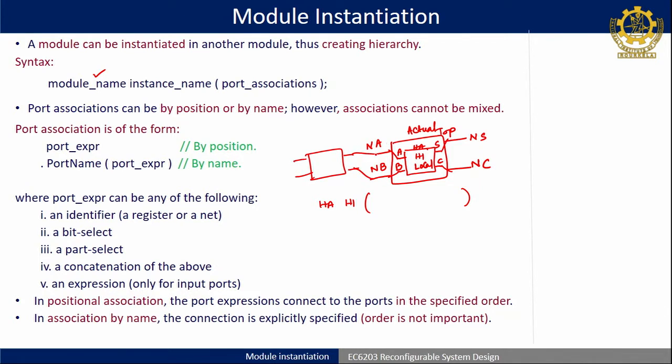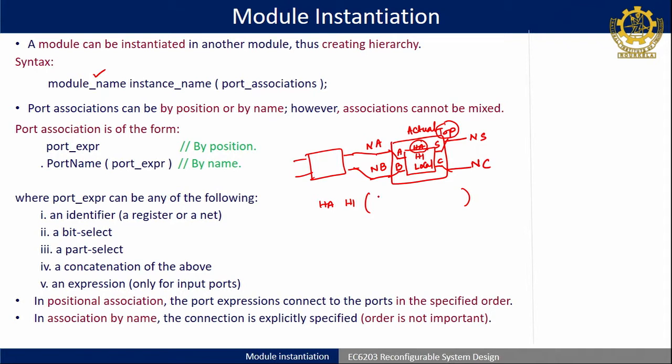So NA and NB are responsible for data transmission between other modules present in the same system. Inside this actual top module, top module is my module name, and HA is the local module which is responsible for the functioning of that module. So you can say HA is the main architecture inside your top module, understood.